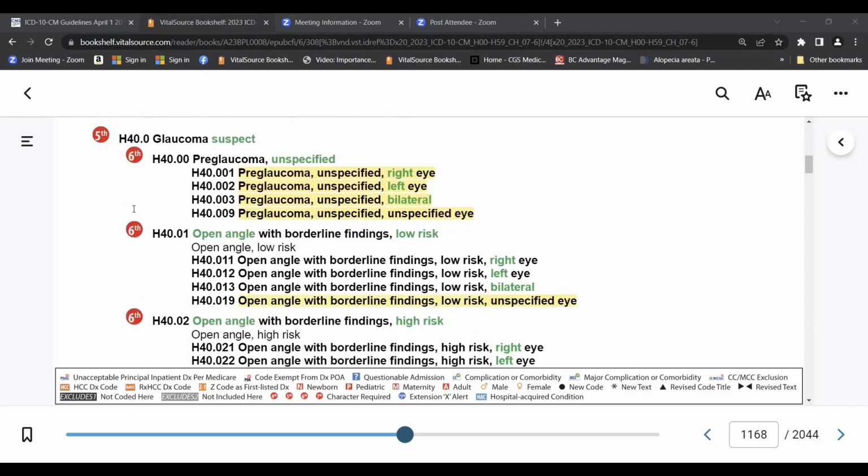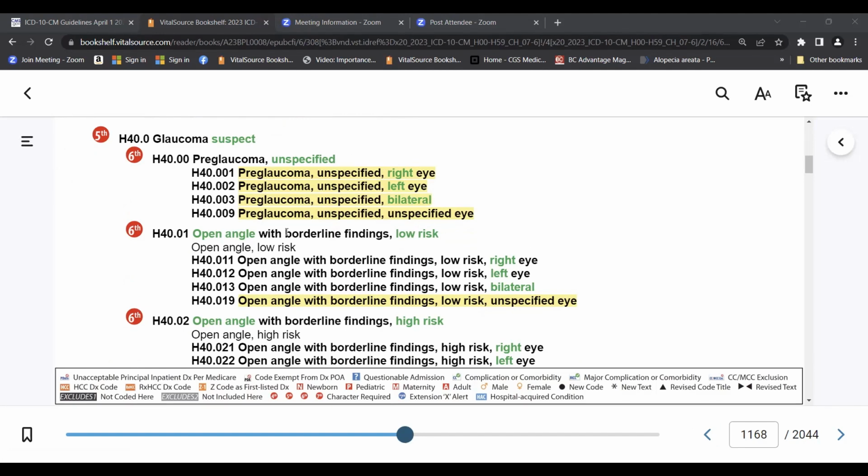So notice the different types again. Here we have glaucoma suspect. We see it as H40.0. We need a 6th character. And note that it is broken down by laterality. You have the right eye here, your left eye, bilateral, and unspecified.